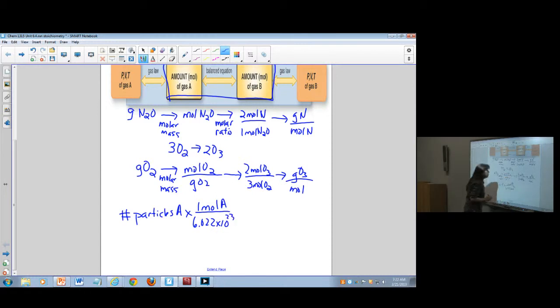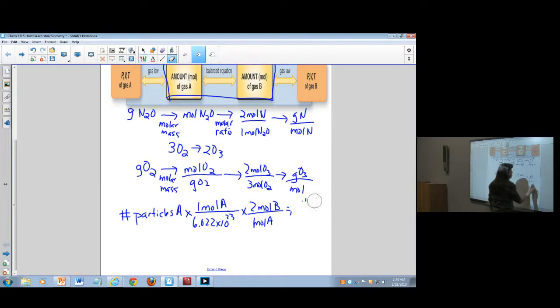Remember that lovely number, Avogadro's number. 1 mole of A over that many particles. And then maybe we'd have to do a mole conversion, so maybe we have 2 moles of B over a mole of A. And then we could have also found out how many particles of B we had for every mole. That should be 6.022 times 10 to the 23rd. Avogadro's number won't fit, so I'll say Avogadro's number of particles for every mole.